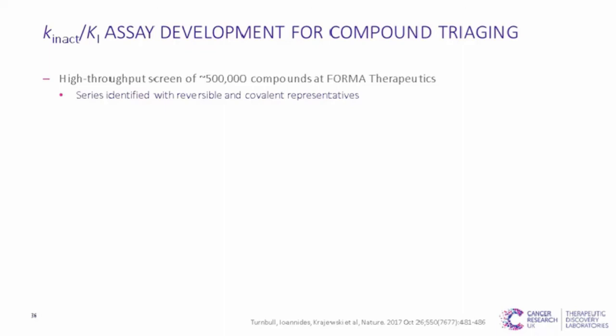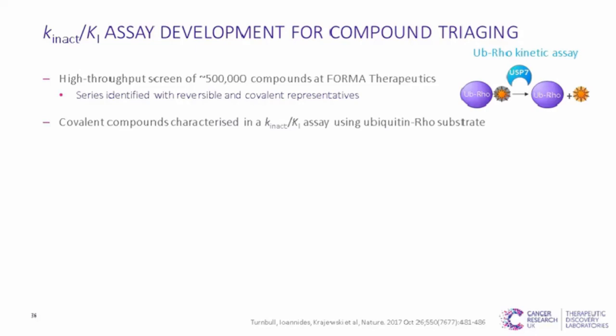A high-throughput screen of 500,000 compounds was performed at Forma Therapeutics, and a series was identified which had reversible and covalent representatives. We developed a kinact/KI assay to characterize these compounds, and this was based around a ubiquitin rhodamine substrate, where the rhodamine is linked to ubiquitin via an isopeptide bond, which is cleaved by USP7, releasing the fluorophore and leading to an increase in fluorescence, which can be measured kinetically.